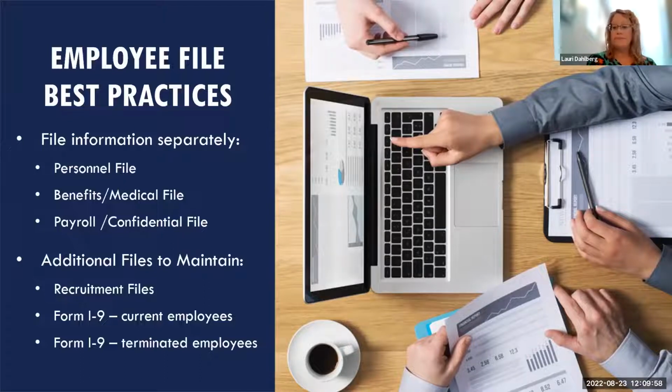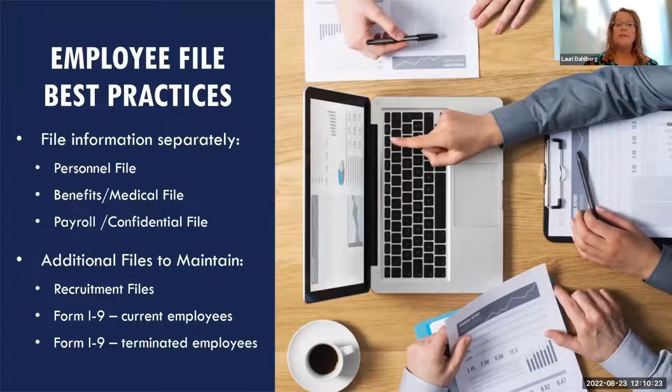Employee number 1, we'll say it's Amy Johnson's file. Amy Johnson should have a personnel file. She should have a benefits/medical file, and she should have a payroll/confidential file. They are 3 separate files that will contain specific information relative to Amy Johnson.